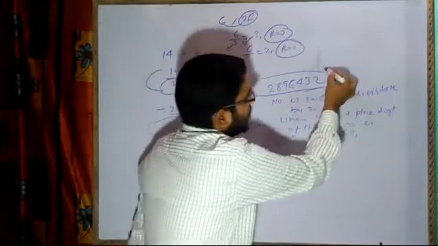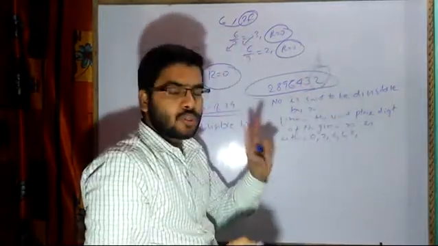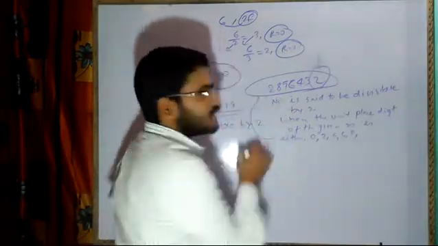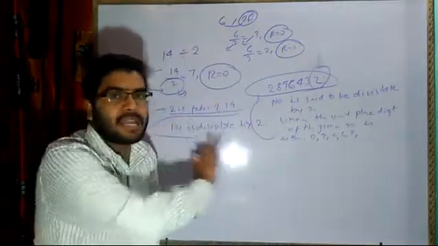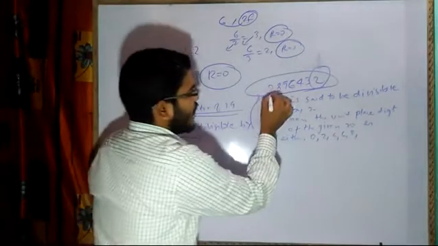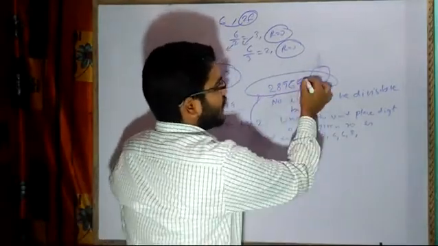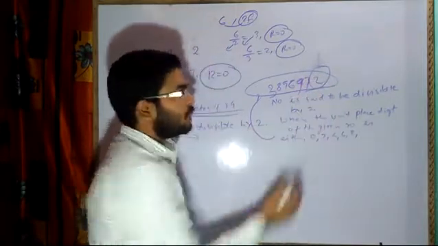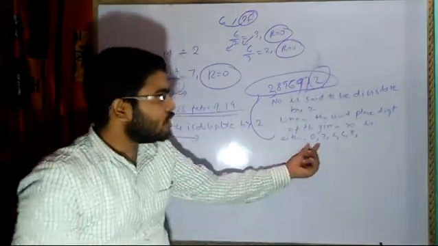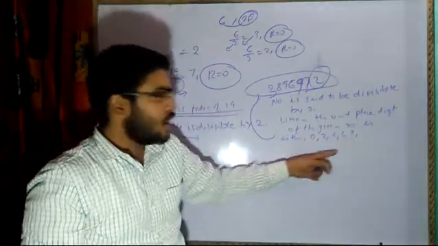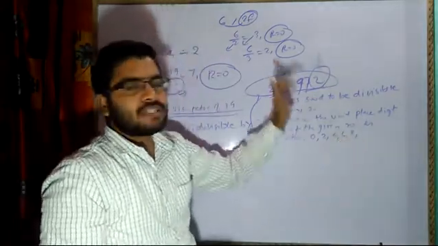If the unit place of the number is 0, 2, 4, 6 or 8, then we can say that the number is completely divisible by 2. If I have 3 here, 9 here, or 7 here, then it is not divisible. The unit place should always be 0, 2, 4, 6 or 8, any one of these.